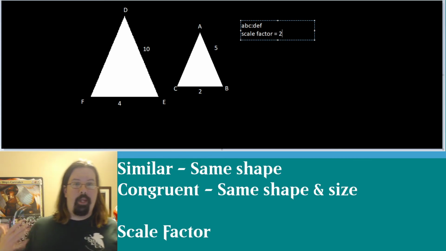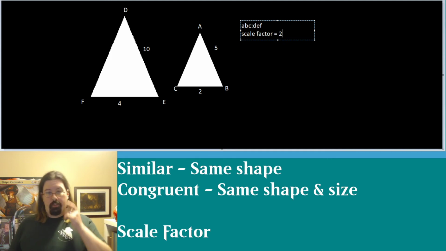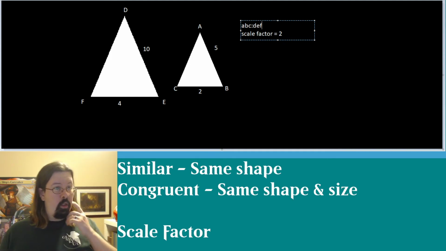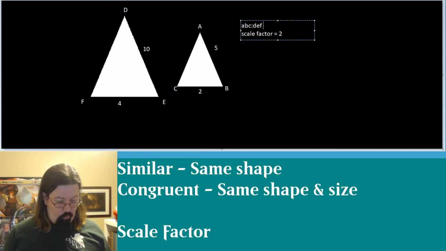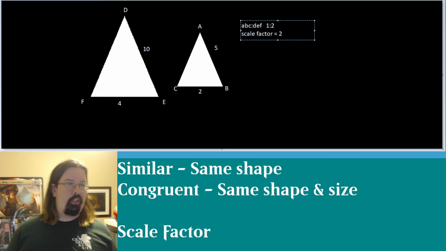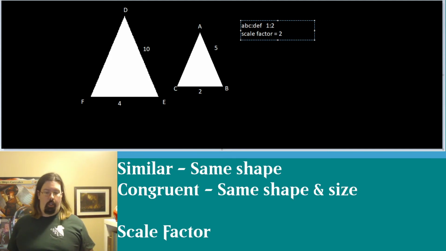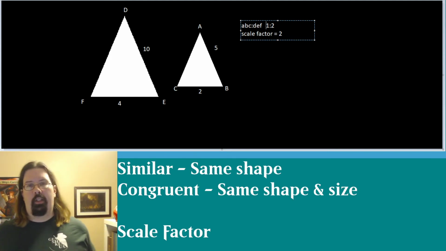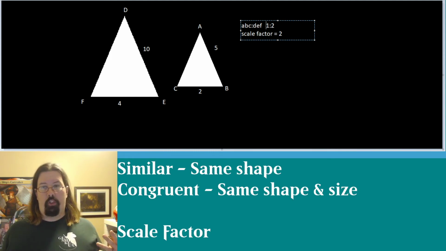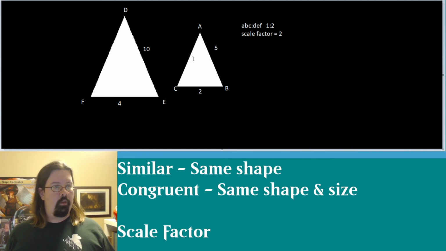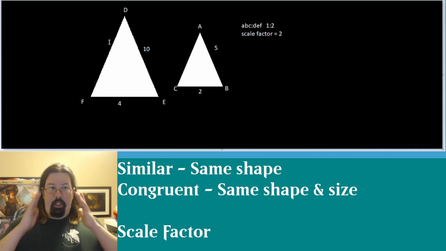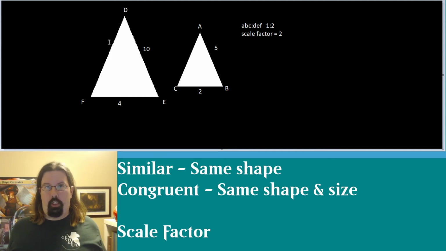We multiplied all of the sides, all of the proportions, by 2. But the ratio is 1 to 2. You start at 1, goes to 2. So ABC is basically 1 to this, which is 2. It works like a fraction. Don't stress on it. It's great.